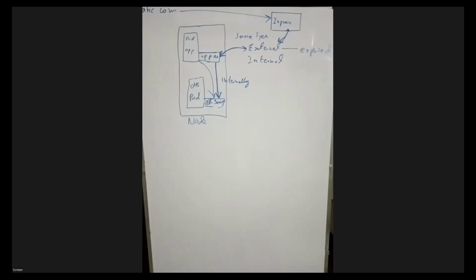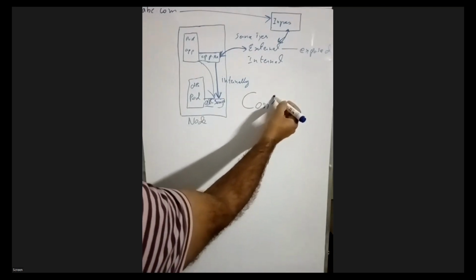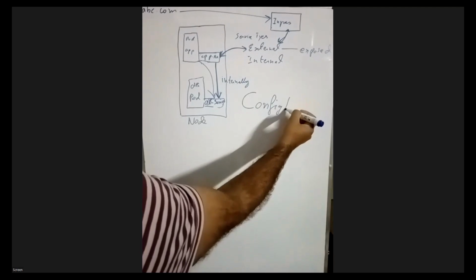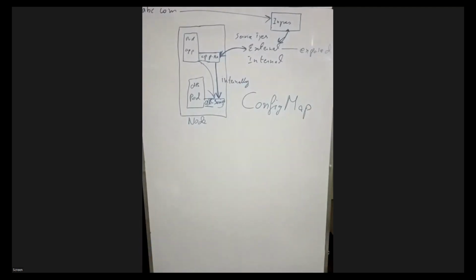And there was a config map. Anyone remember what is a config map? Blank. Good. Okay. Actually, what is a config map? We attach environment variables.